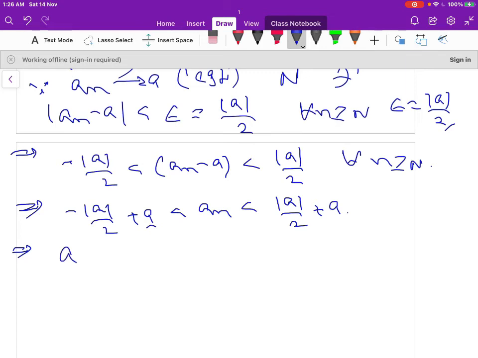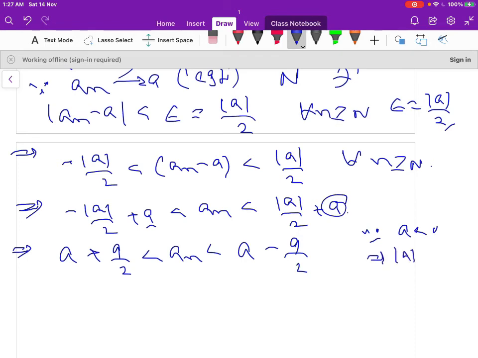Since a is negative, which I have assumed here, modulus of a is equal to minus a.